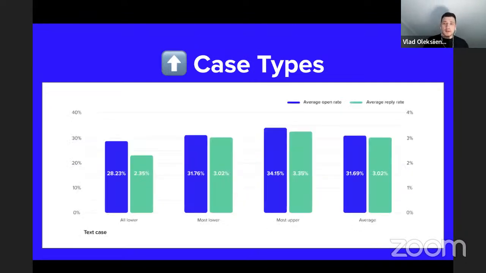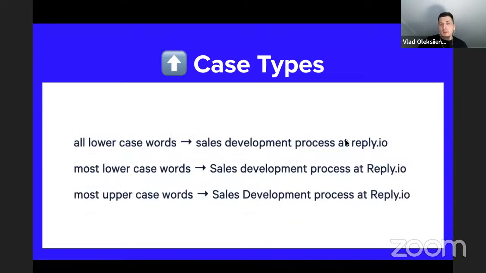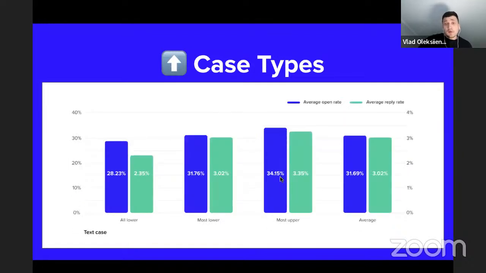And here's the result. As we can see, you will get the lowest possible result while using all lowercase words, like option number 1, sales development process at reply.io. If you use mostly lower or mostly upper, that's fine. Mostly uppercase is preferred, basically.